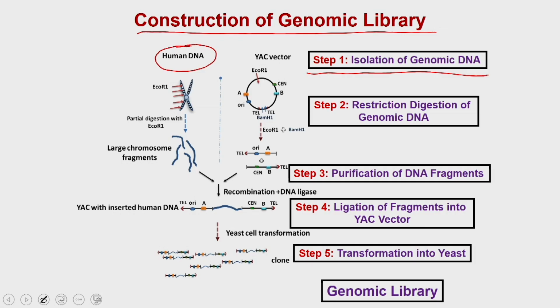The next step is that you digest the genome with a suitable restriction enzyme, and we have given the example of EcoR1, a restriction enzyme, which we are going to discuss in a subsequent lecture. So, in step 2 you create the fragments of the genomic DNA, which can be done simply by restriction digesting the DNA with a suitable restriction enzyme.